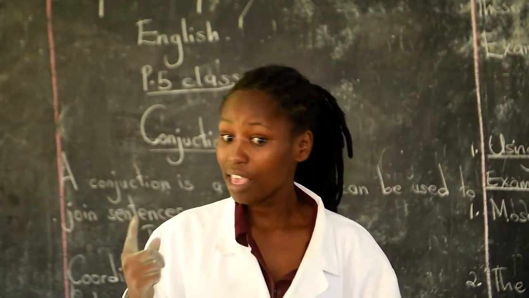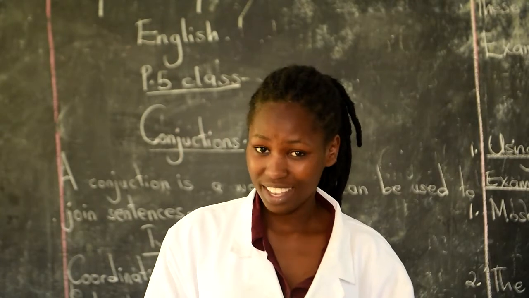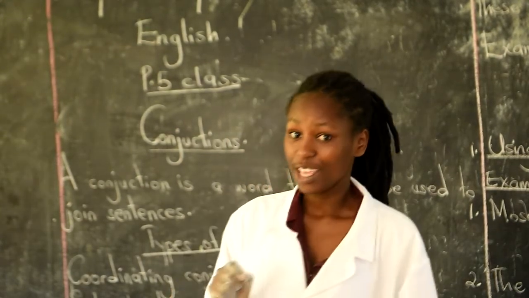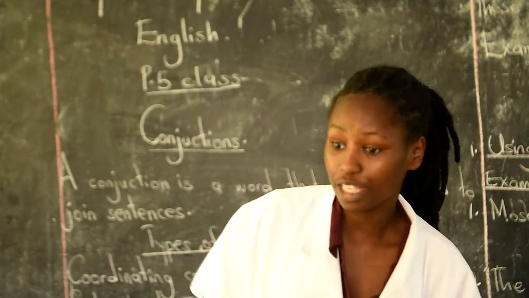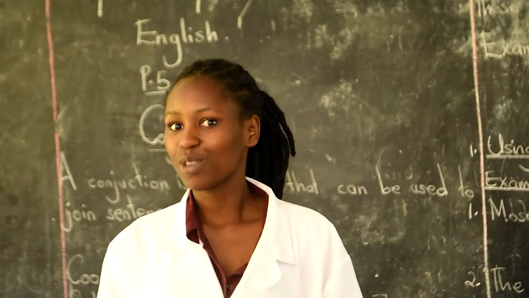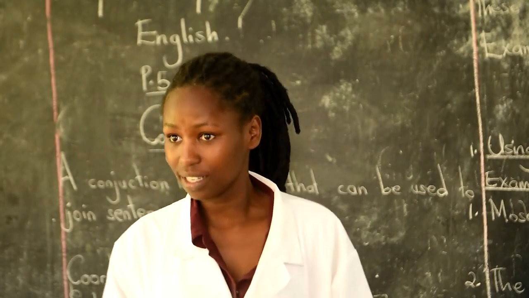What shall I use? I will use a conjunction. So that is the work of a conjunction. Even in our local language, Kinyarwanda, we still have conjunctions, which we use to join different sentences.